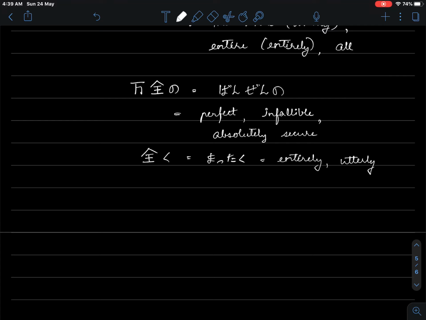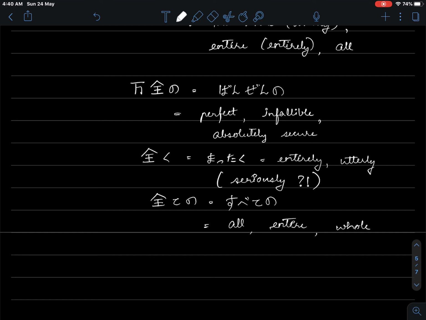For those of us who have seen a lot of anime, mattaku can also be used as, like seriously, question mark, exclamation, like are you seriously kidding me, mattaku, that kind of usage. And then next, this will be read as subete no, which means all, entire or whole. Okay, subete no.